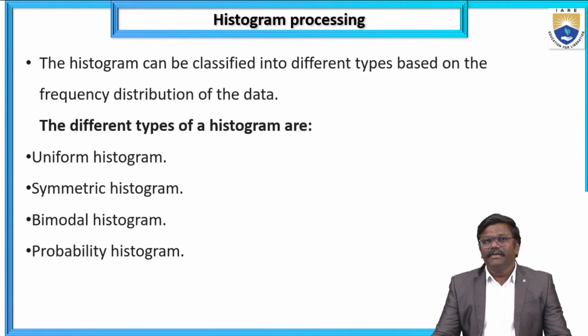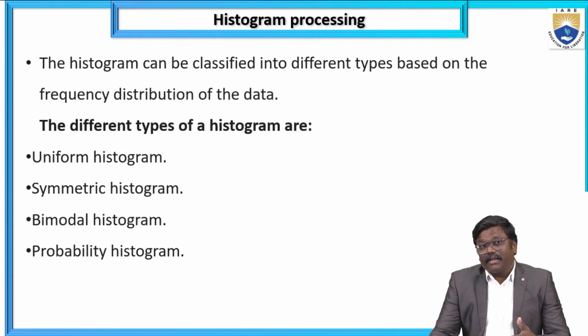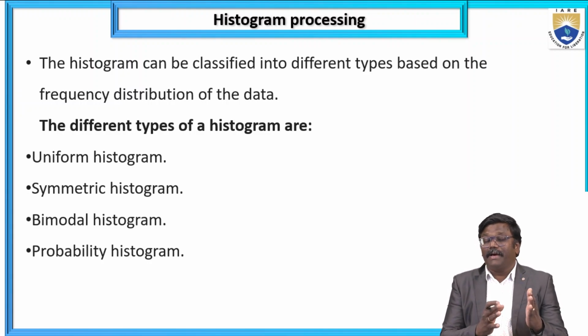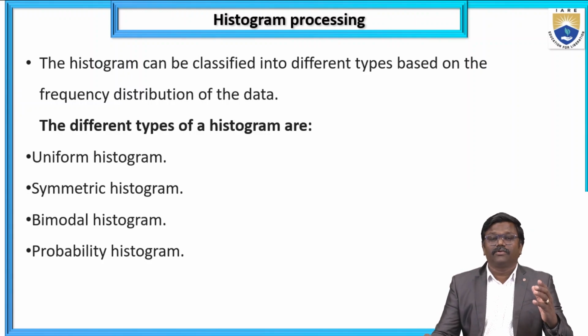But here you should concentrate that enhancement of an image is not only in a fixed manner, but may also vary with the help of histogram equalization, which we classify into different types based on the frequency distribution of the image data.